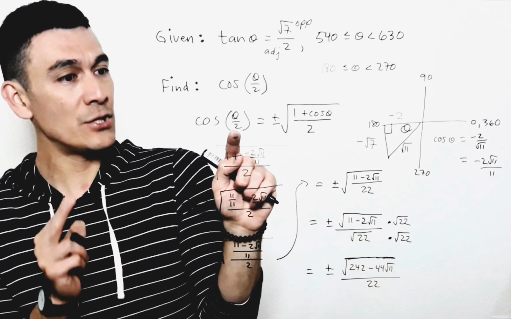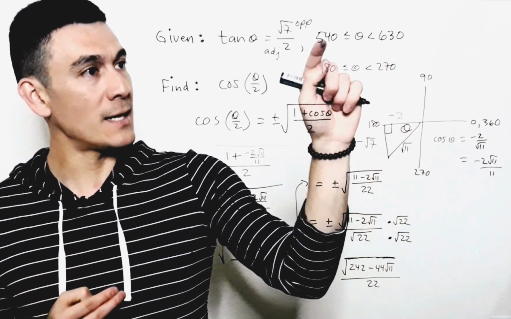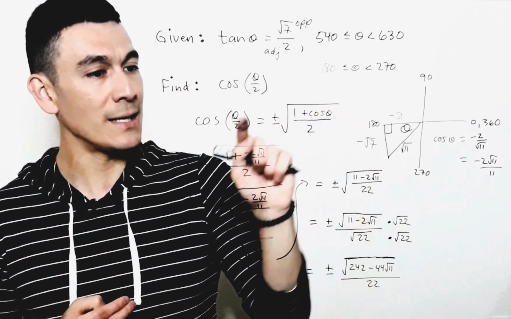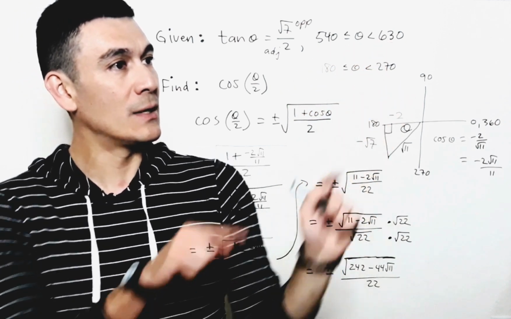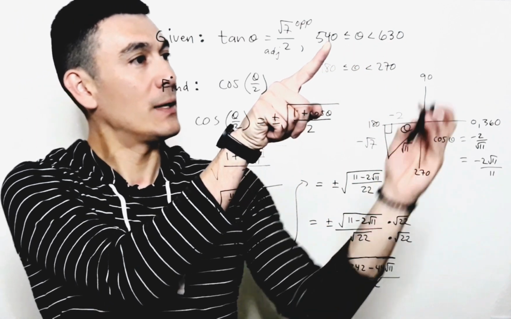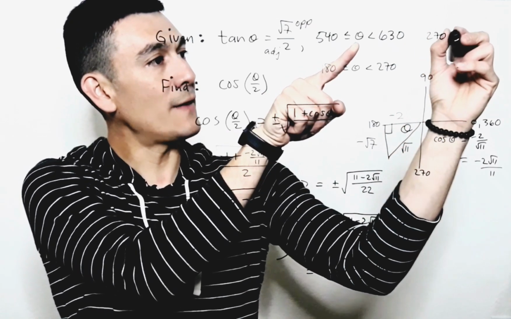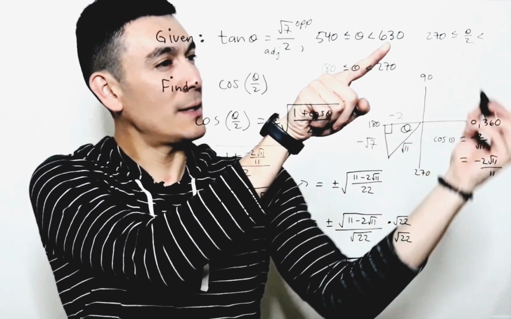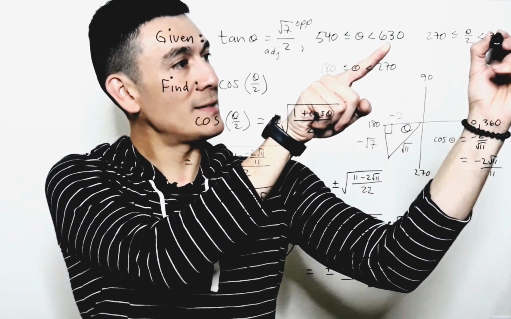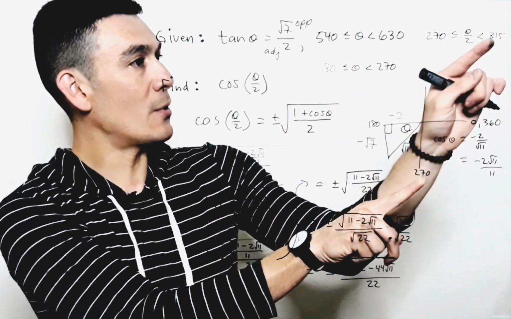And to find theta over 2, you go to the original inequality and divide each part by 2. If I divide this by 2, I would get back 270. Dividing that by 2, it'd be theta over 2. Dividing this by 2, that would be 315. So this tells us that theta over 2 is between 270 and 315.